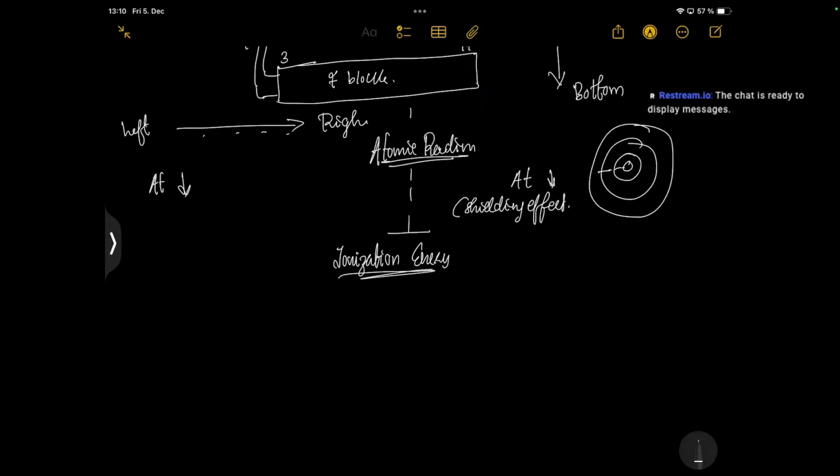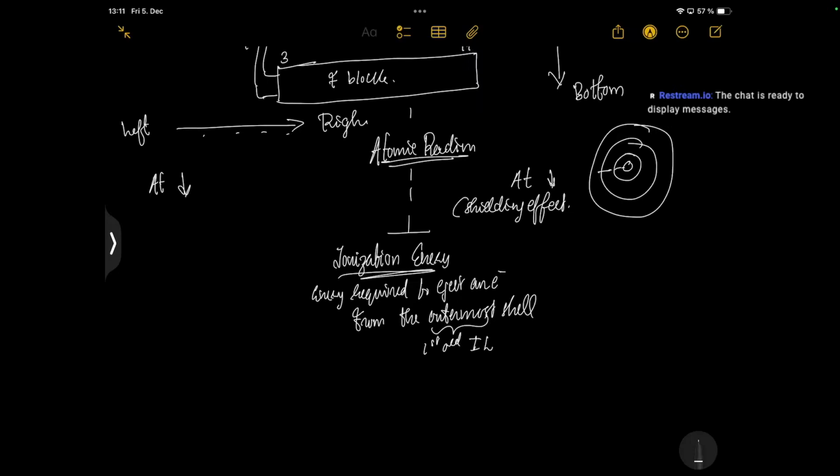Ionization energy, it's the energy required to eject an electron from the outermost shell. And that would be first order ionization energy. The more electrons we eject, that will be second order, third order. It just goes further.